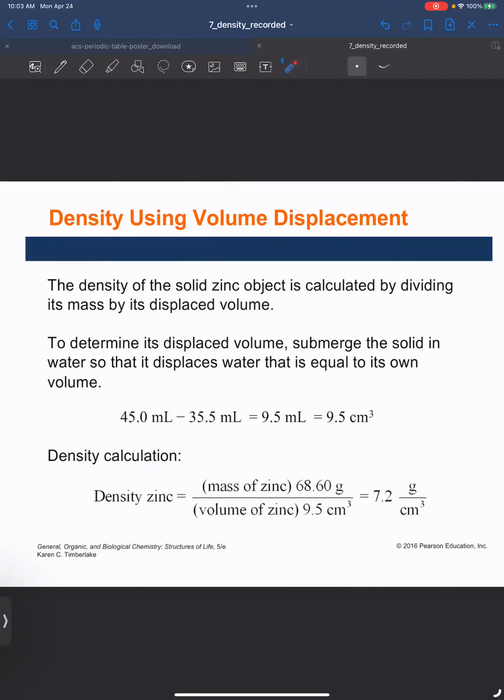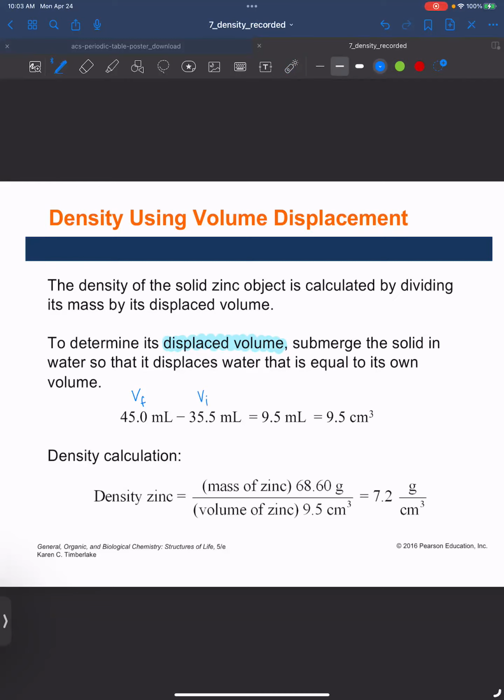As you can see here, to determine the displaced volume, we submerge the solid in water so that it displaces water equal to its own volume. To determine that, you would do final volume minus initial volume to get the volume of the object. So this is VF minus VI.